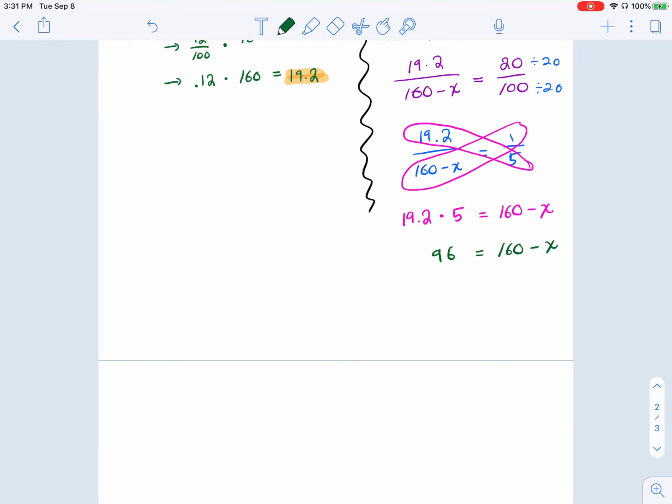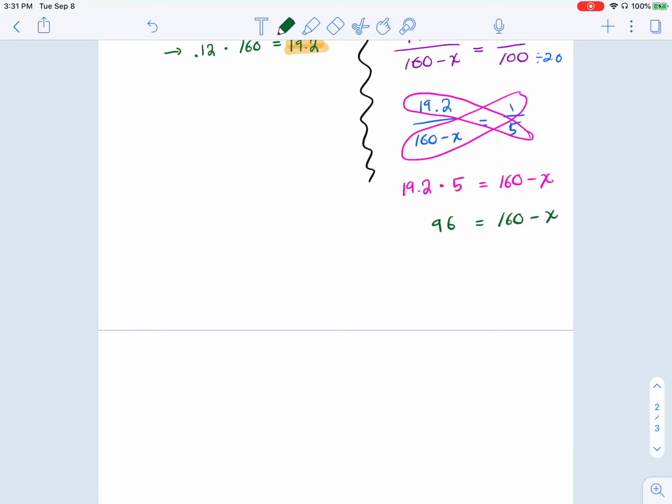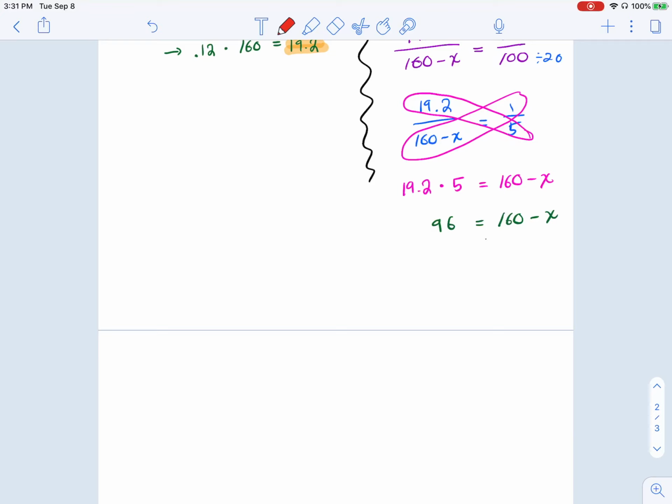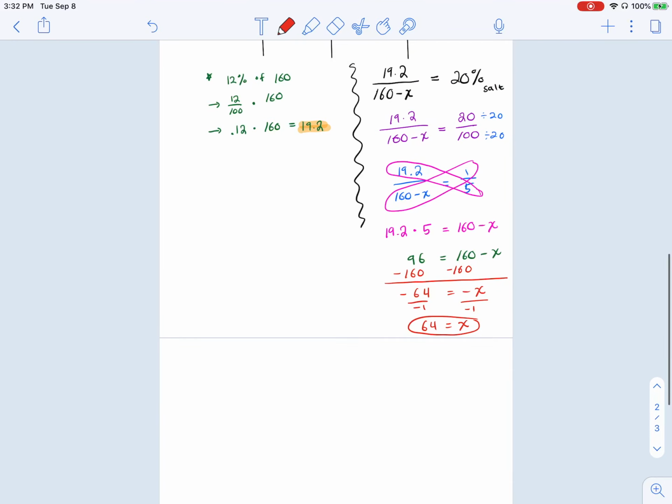I want to isolate x, so let's remove the 160. It's a positive 160, so I'm going to subtract 160 from both sides. Then I have negative 64 is equal to negative x. Going to divide by negative 1 on both sides. 64 is equal to x. Sometimes when we get caught up in solving for x, we need to go back to see if we answered the question.